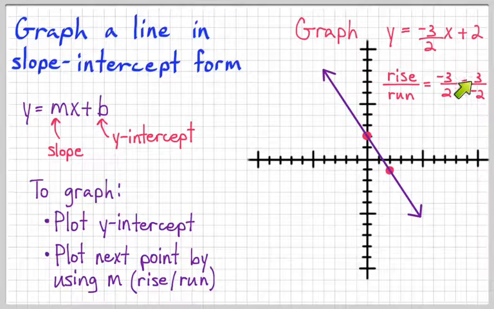Now if I think about rise over run, the rise is positive and the run is negative. So from my y-intercept, I could have chosen to go up 3 and left 2. And I could put the dot there, and that would still force me to draw the same line. So I would have this point instead of this one, but you can see that they're all three on the same line, so it doesn't matter which two I have.